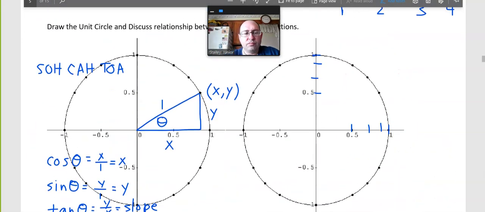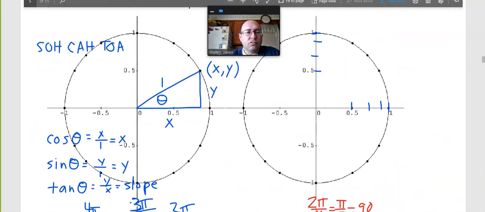Now, some things to consider. I'm just reminding you that SOHCAHTOA is your sine, your cosine, and your tangent, right? All right. So, pun intended, if I wanted the cosine, I would do the adjacent side divided by the hypotenuse.